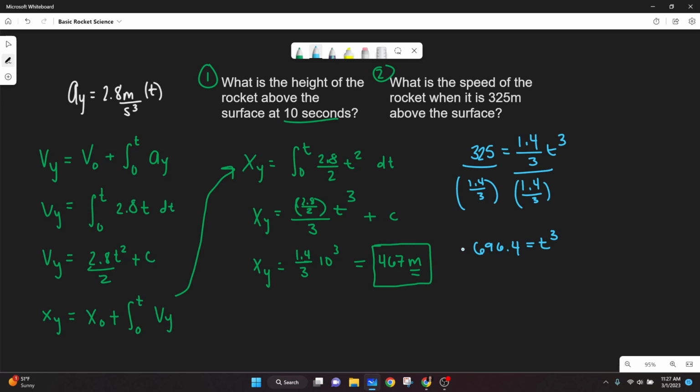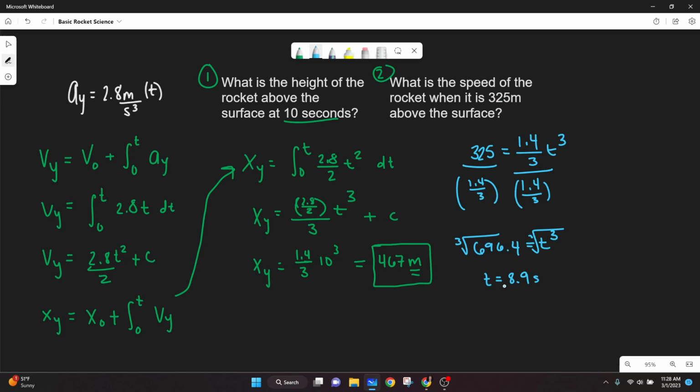And so we can cube root both sides. And we get t to be equal to, if I plug into the calculator, roughly 8.9 seconds. So at 8.9 seconds, the position of the rocket is 325 meters.